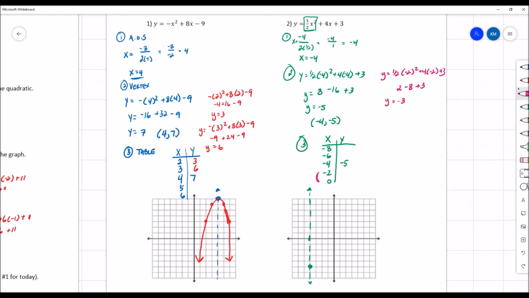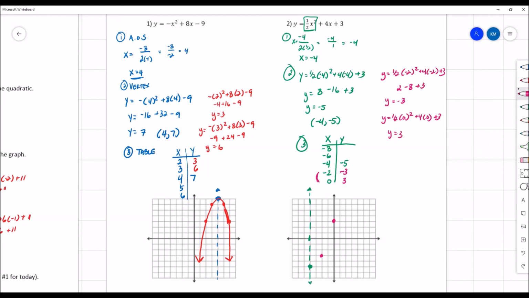When x is negative 2, y is negative 3. I plug 0 in, that should be a lot easier. Y equals 1/2 times 0 squared plus 4 times 0 plus 3, and that just is 3. Oops, I said 3 and I wrote 0. So at negative 2, negative 3 is one point, and at 0, 3 is that point.